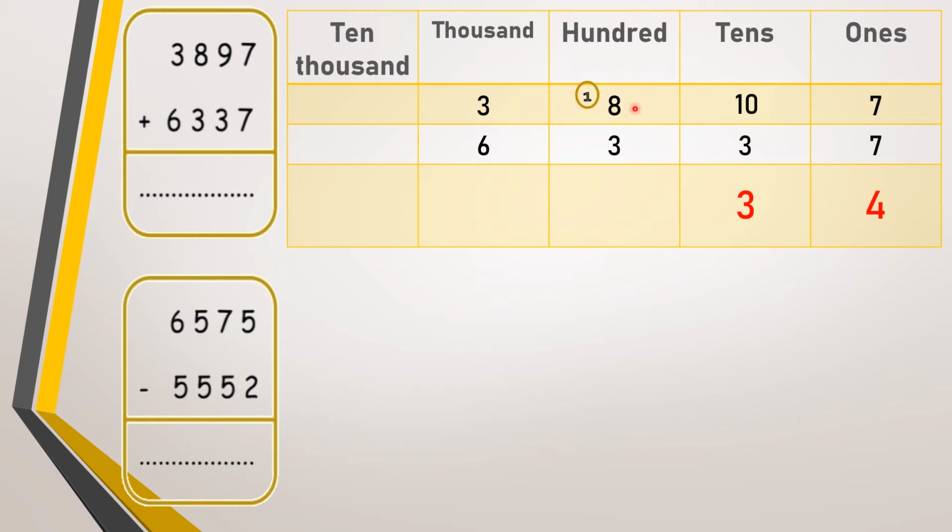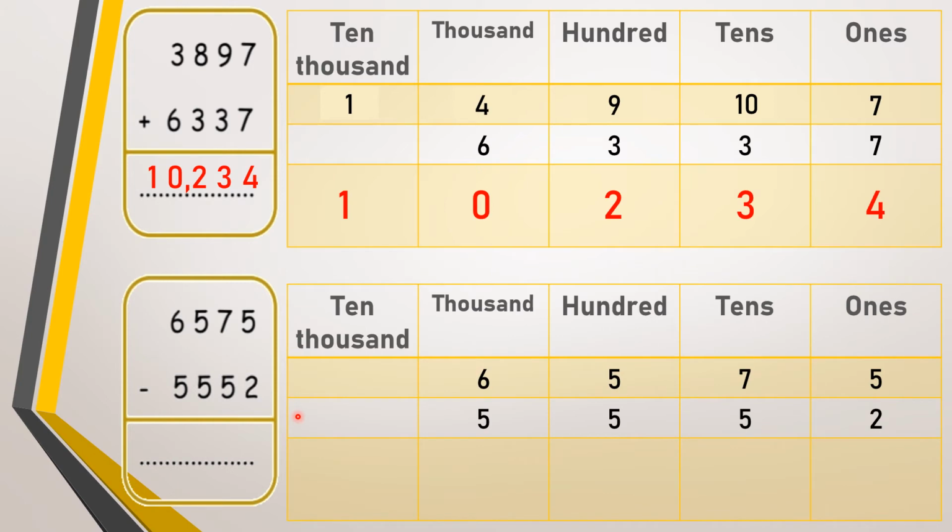So this will be 9. 9 plus 3 equals 12, so I put 2 and carry up 1. 1 and 3 is 4, so 4 plus 6 is 10, so I put 0 and carry up 1. So this 1 will be here in the ten thousands, and there's nothing here, so I will drop down the 1. Now I have every digit in its place value. I will put it here in standard form, so the answer will be 10,234.